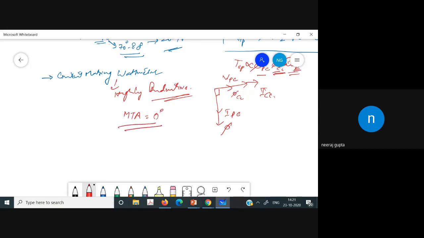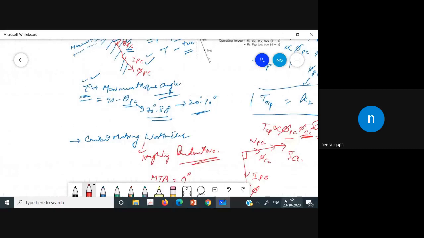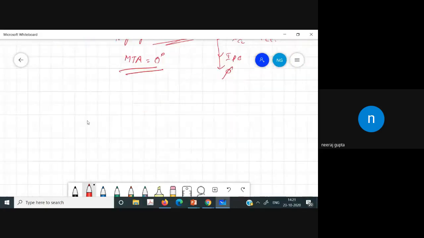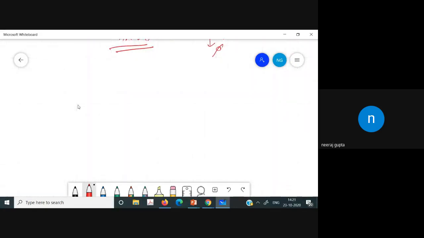Now the application of the directional relay to a three-phase feeder. This is the discussion that we have done for a single-phase feeder. Now, for a three-phase feeder, all the phases need to be separately considered, and there are various possibilities for energizing that relay, and that we can discuss in the next lecture.